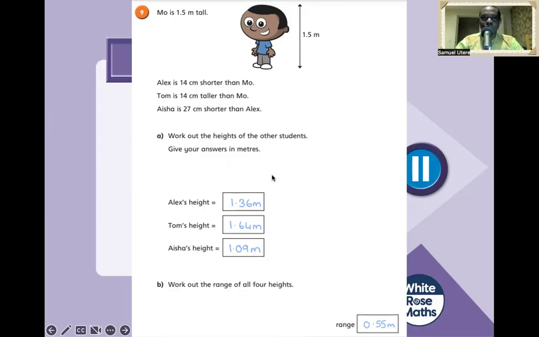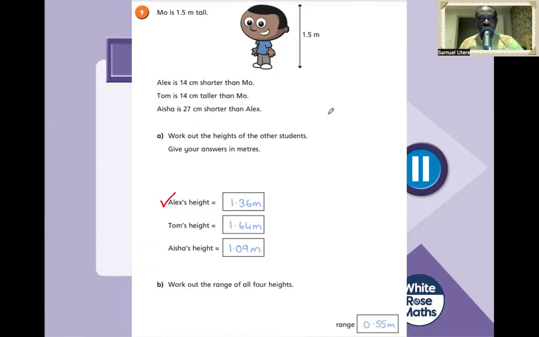So let's start to look. I'll just discuss it. I'm not going to spend time working it out in detail. So here is about reasoning. Okay. So first we want to work out Alex's height. To work out Alex's height, we're told that Alex is 14 centimeters shorter than Mo.